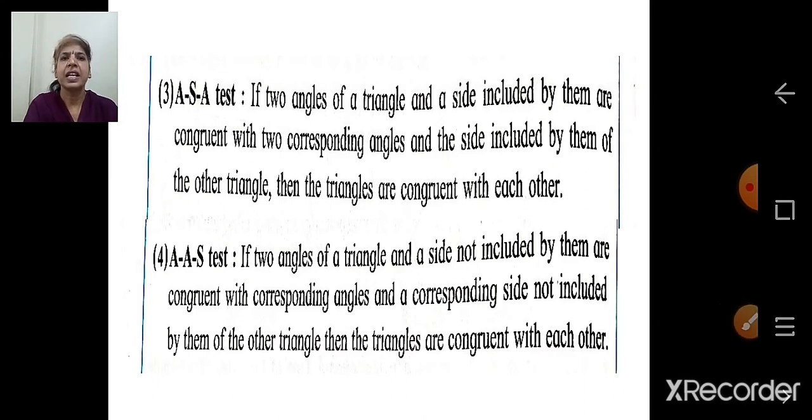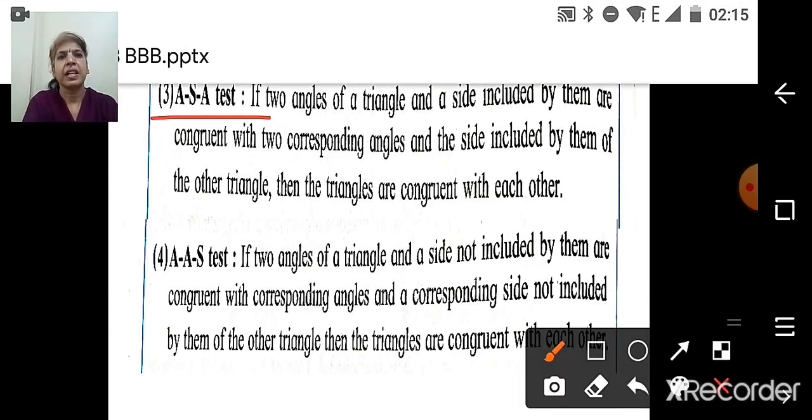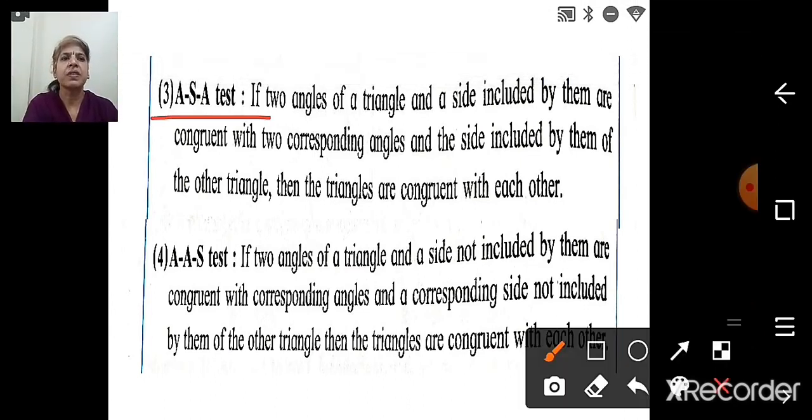Angle, side, angle. So which is the side? It is the included side between the two angles. If two angles of a triangle and a side included by them are congruent with two corresponding angles and the side included by them of the other triangle, then the triangles are congruent with each other.